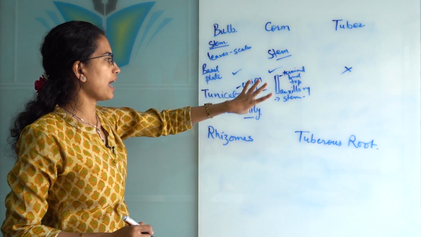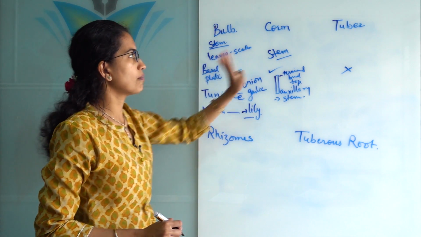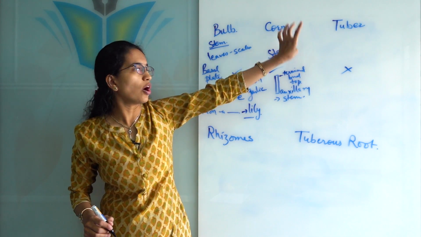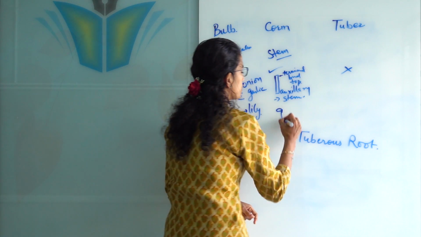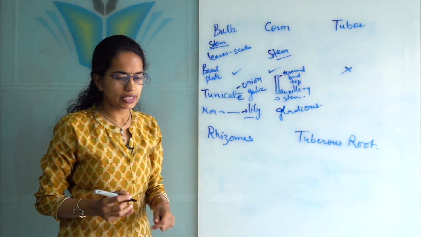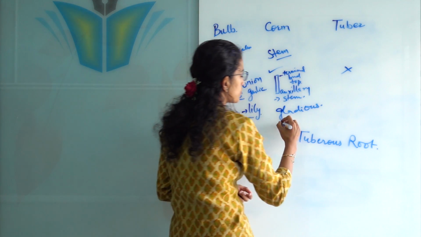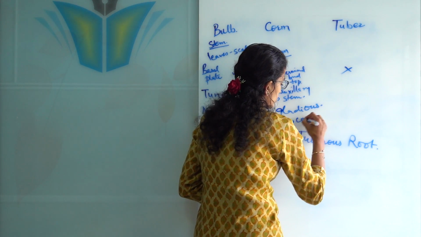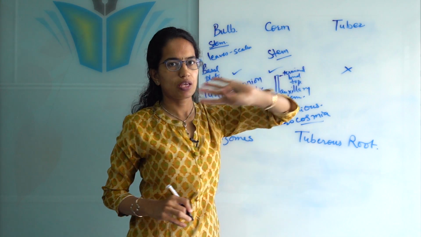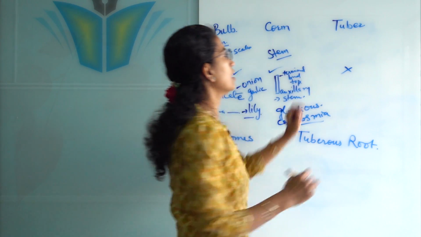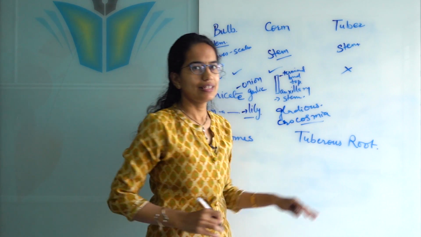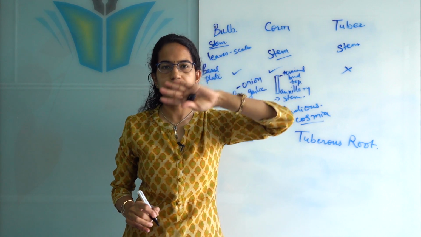So in the bulbs we have onion, garlic, lily as good examples. What would be the example in the case of corm? In the case of corm, gladiolus is a good example. Then we also have another example, Cosmos. The next is tuber. What is tuber? It is again an underground, modified stem, but it does not have a basal plate.